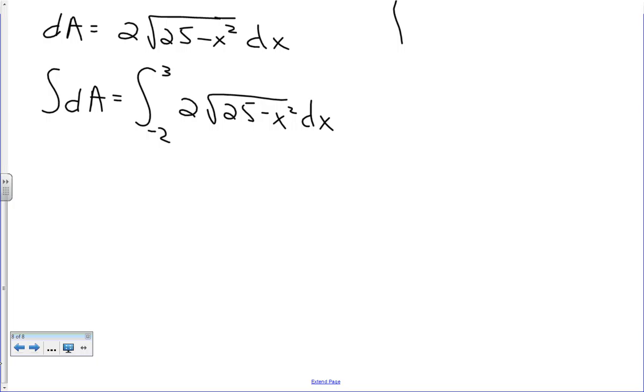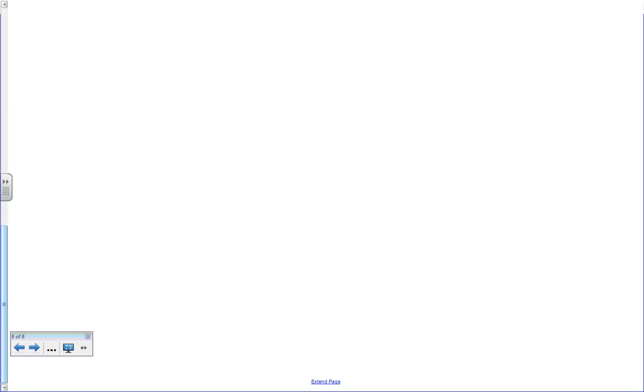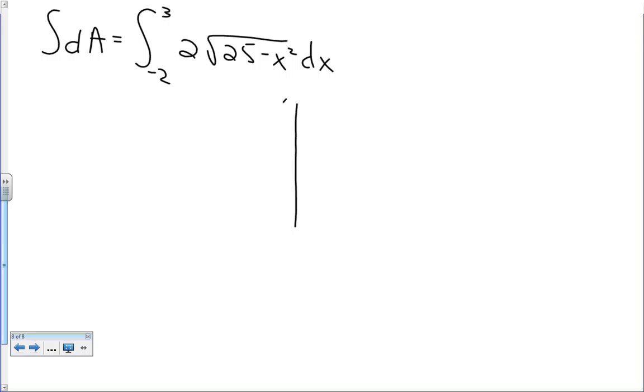substitution. So let's draw ourselves a triangle that has 25 minus x squared as one of the sides. Let me just draw this down below. Here's our triangle. For the square root of 25 minus x squared, I'm going to put the 5 as the hypotenuse. It's the square root of 25.